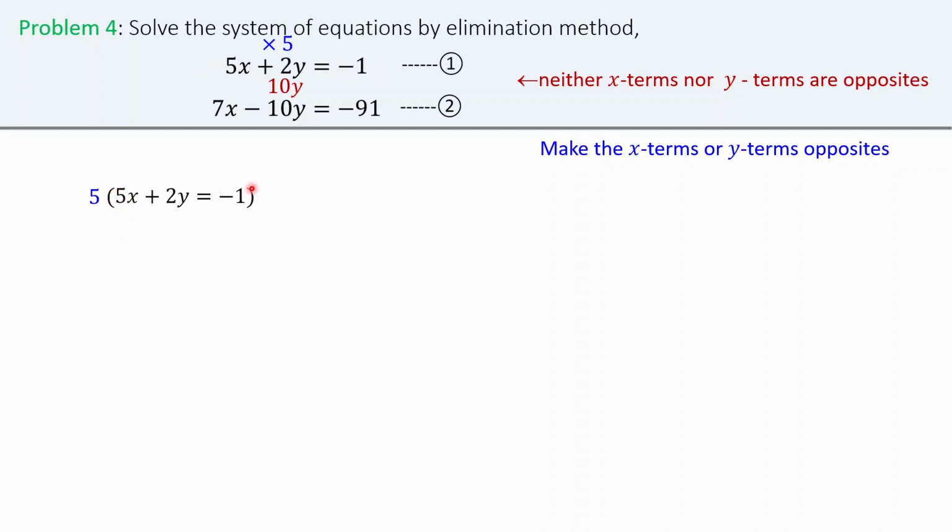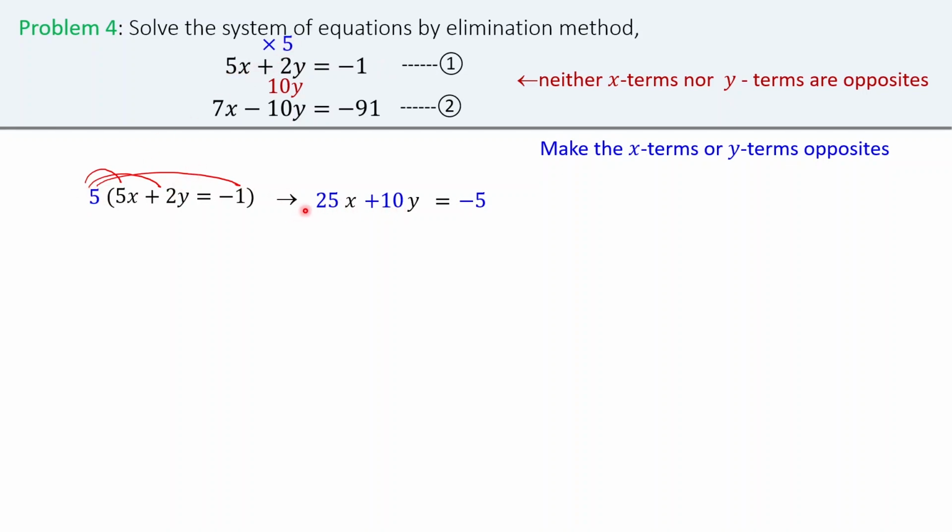Now remove the parenthesis. 5 times 5x is 25x. 5 times positive 2y is positive 10y, is equal to 5 times negative 1, which is negative 5. I took this equation and multiplied by 5.